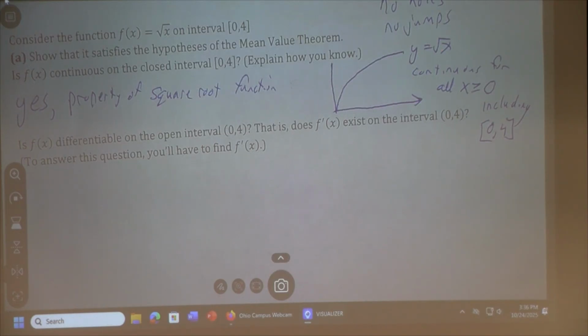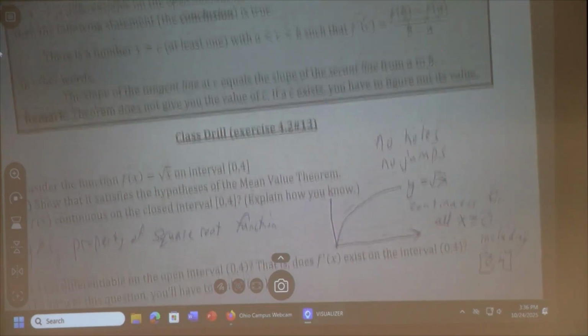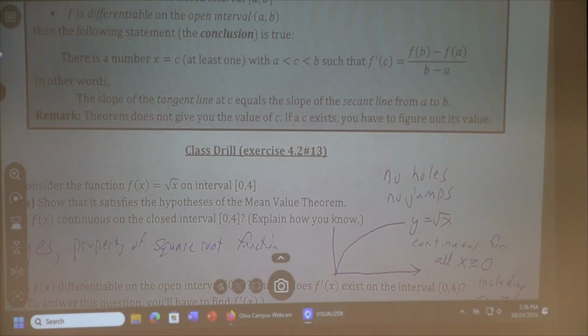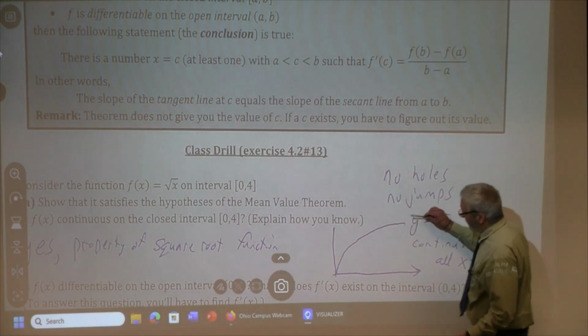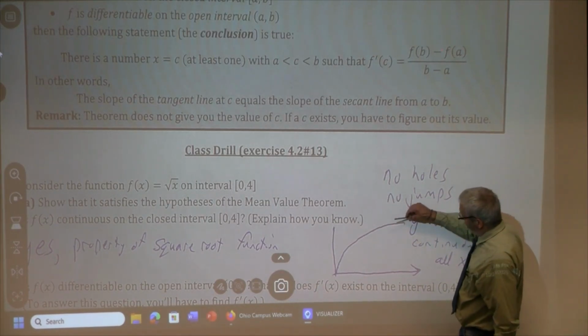At x equals 0 for the f prime, it would not exist because you'd have 0 in the denominator. So if we want to start by thinking about the graph, think about tangent lines. Just in terms of the graph, this is a nice smooth graph. Imagine this is red.